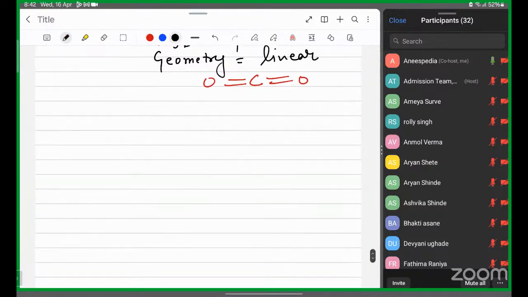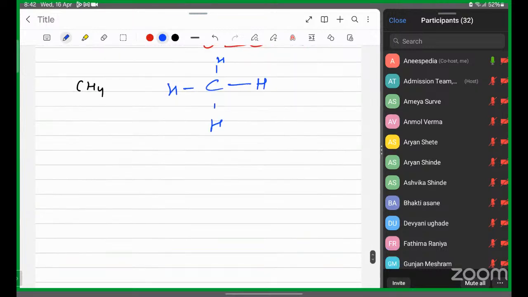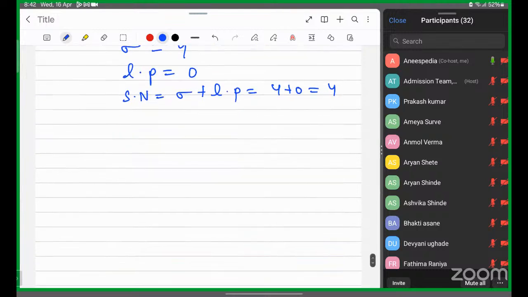One more example we can have, CH4. CH4 can be given like this: C bond H bond H bond H. So how many sigma bonds are there in CH4? 4 sigma bonds. How many lone pairs are there? 0. So steric number will be sigma bond plus lone pair, that is 4 plus 0, which is 4.